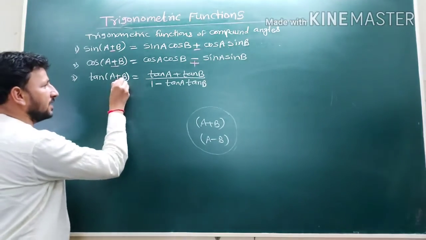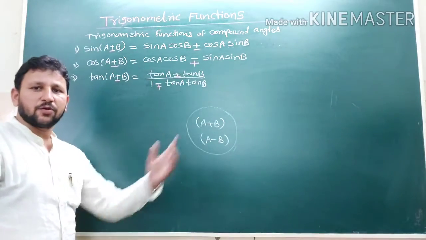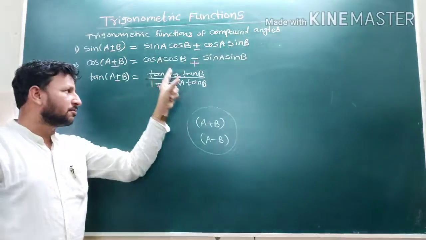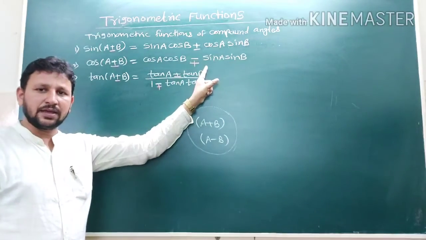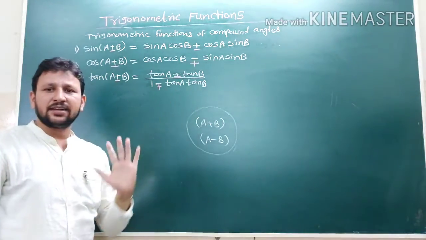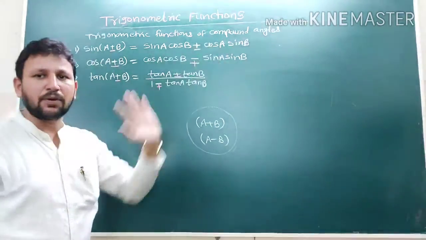Plus changes to minus and minus changes to plus. So the formula for tan of A minus B is expressed as tan A minus tan B upon 1 plus tan A tan B. These are the trigonometric functions of the compound angles.